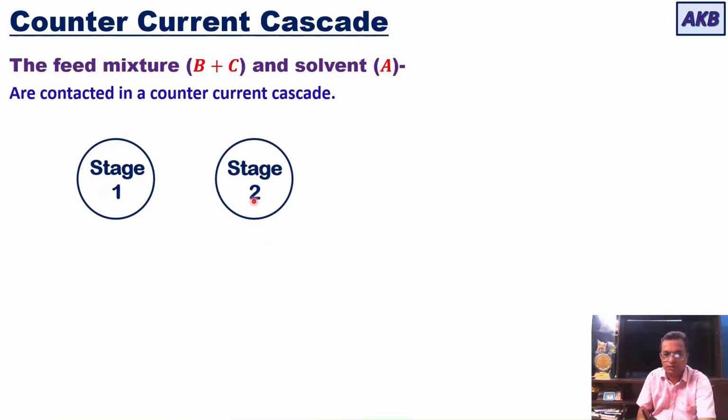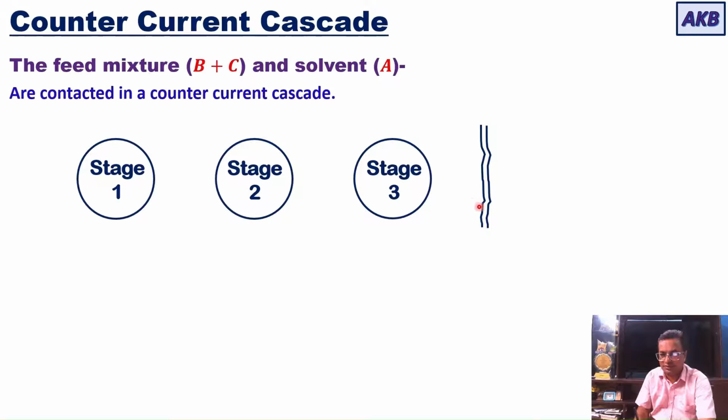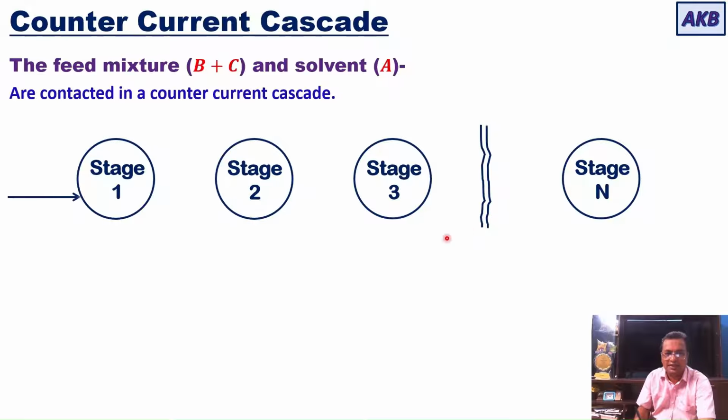So this is stage 1, this is stage 2, this is stage 3, and then from stage 3 there are many other stages, and the last stage in the cascade is the nth stage, capital N stage. So the stages from the third stage to the last stage are assumed to be lying in this space. Now feed is admitted to stage number 1.